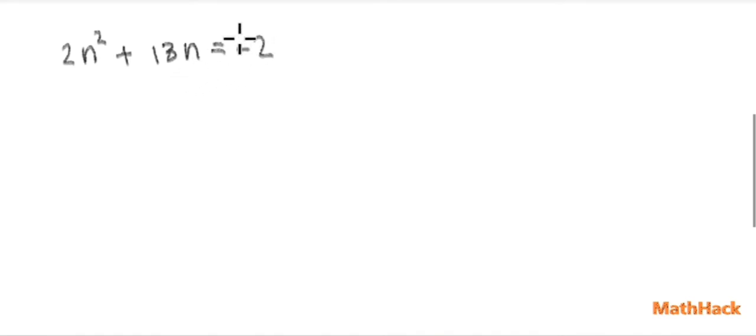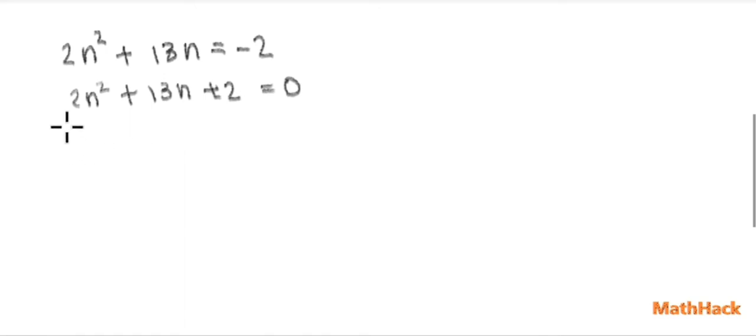Basically, in standard form, the right side should equal 0, and the quadratic term, linear term, and constant term should all be on the left. So this negative 2, we just need to move it to the left. Since it is negative here, we add 2 to both sides, so it becomes plus 2 on the left. So we will have 2n squared plus 13n plus 2, and then 0 on the right.